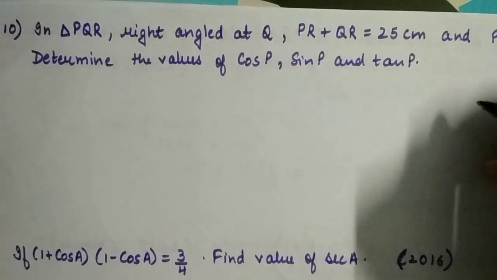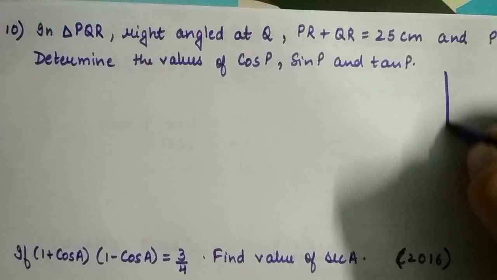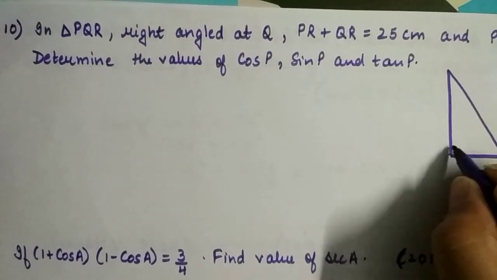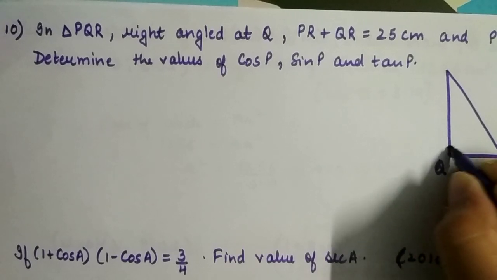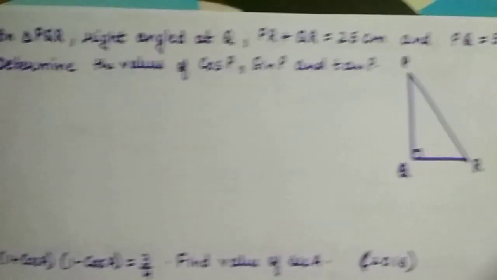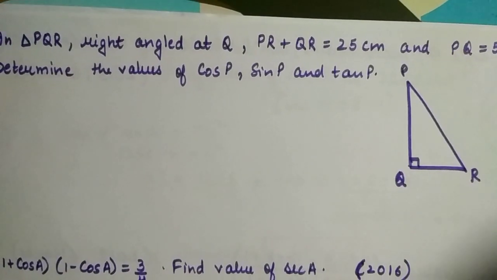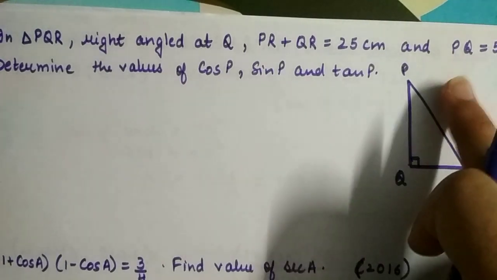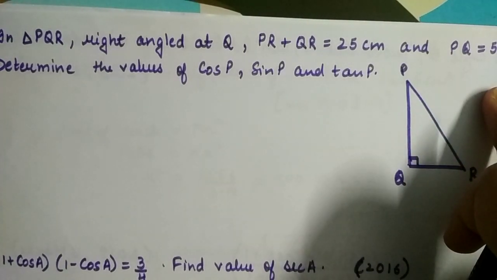Okay, so first of all let us see. It is triangle PQR, right angled at Q. So this is 90 degree. Here we don't know the value of each side of the triangle, only the length of PQ is given to be 5 centimeter.